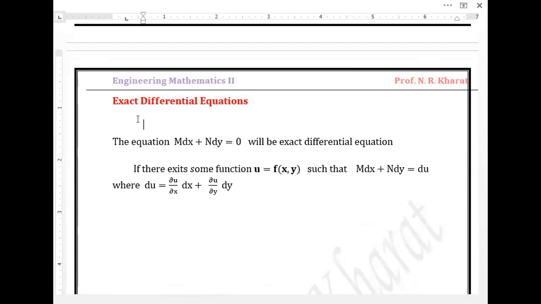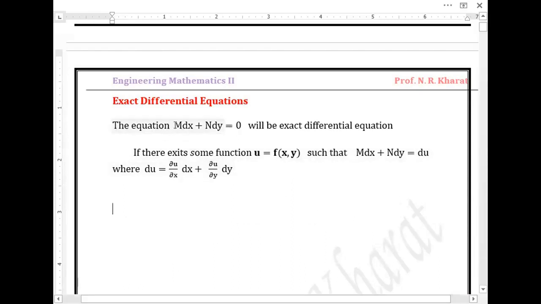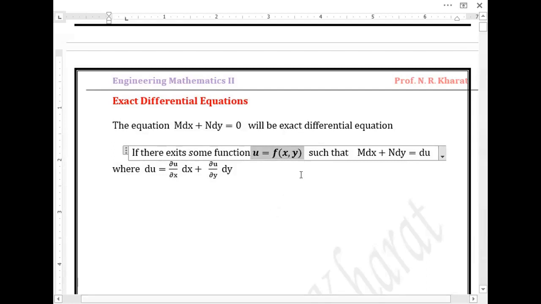And this differential equation is said to be exact when a certain condition holds. M dx plus N dy is my differential equation, and we have to identify whether this given differential equation is exact or not. If it is exact, what is the actual meaning of exactness, and how do we find the exactness condition of the given differential equation.